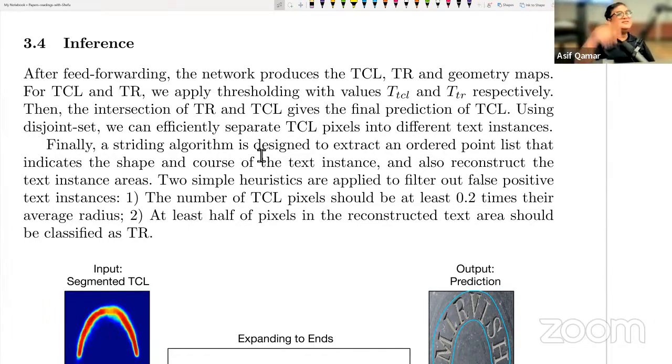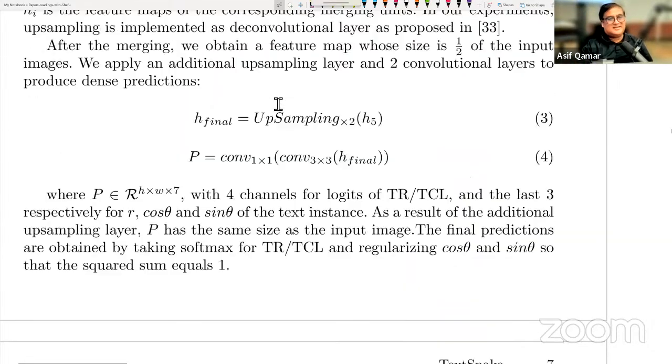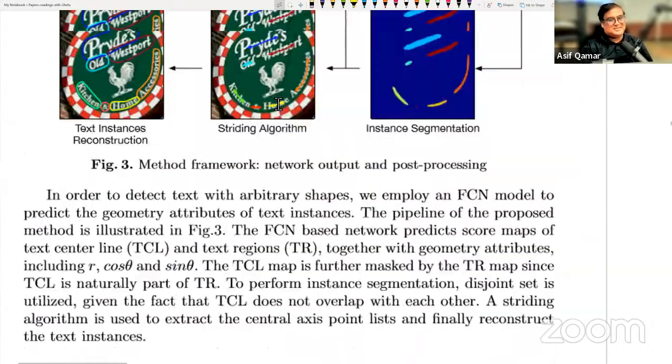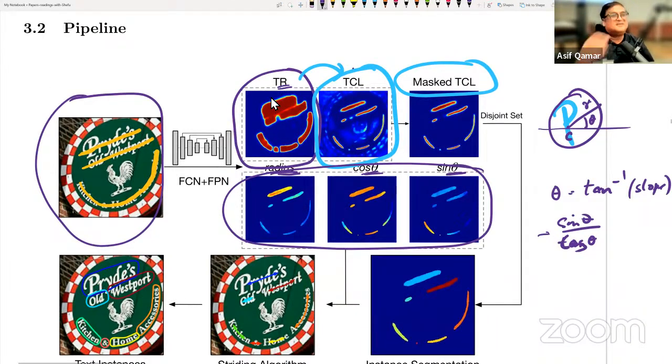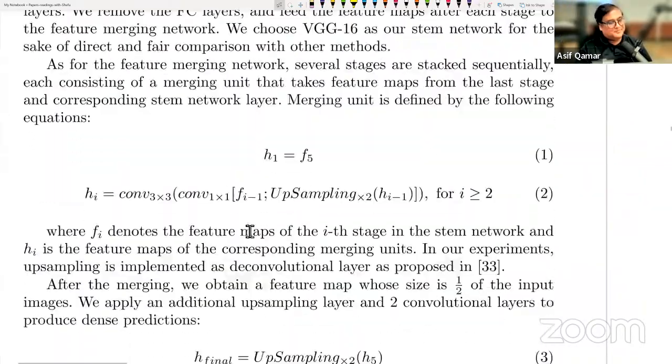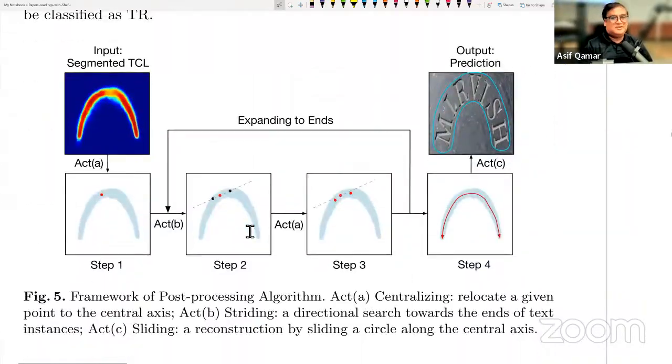You know the center line of the text. Let's say in this particular case, actually they changed the example. In this case, it is bowl shaped, curve shaped. But they take another example, and that's what may confuse you. So imagine that the text is this.